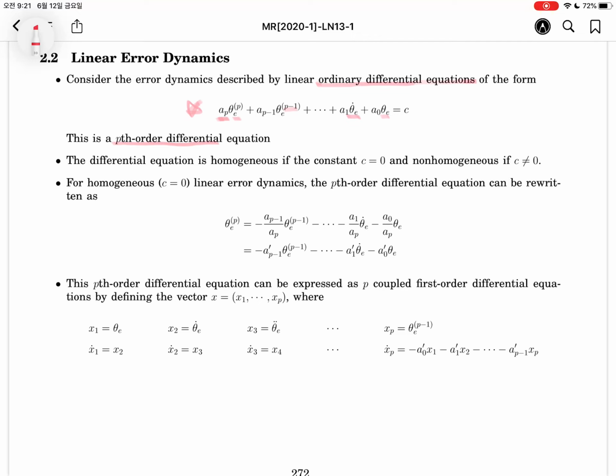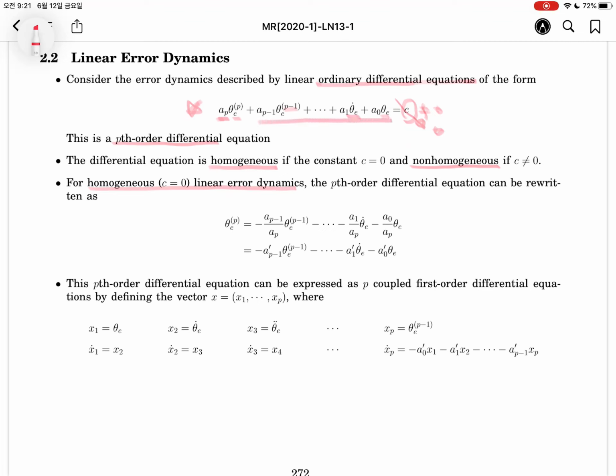Here the input part is given by 0. We will call it a homogeneous equation. If this is non-zero, maybe a sine, cosine, polynomial, or exponential function can be given here. At that time, it is called non-homogeneous. Here, we will deal with only homogeneous linear error dynamics, so this will be assumed to be 0.